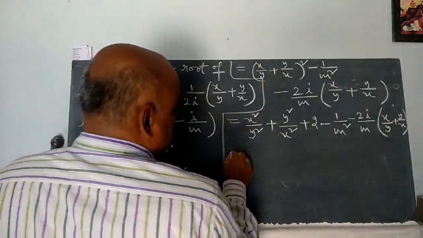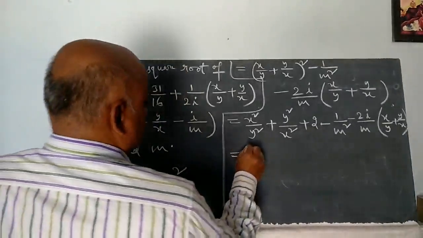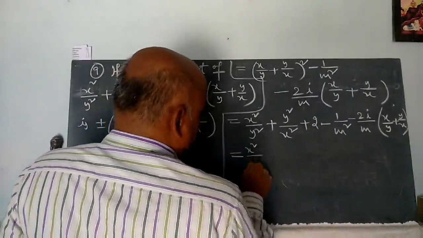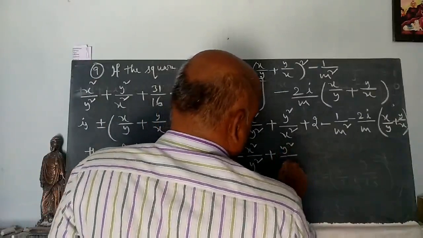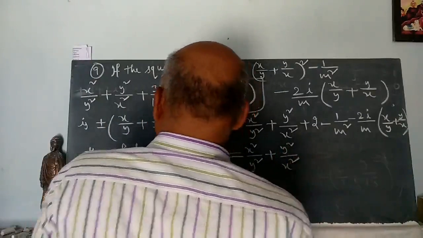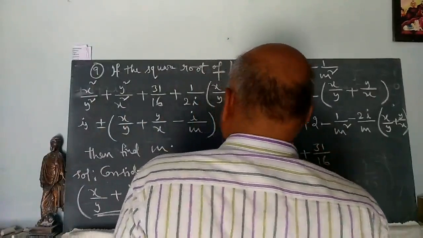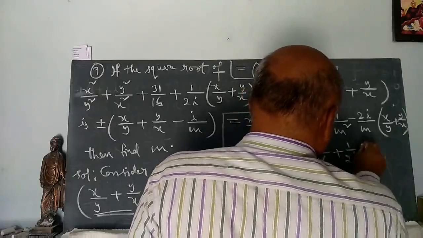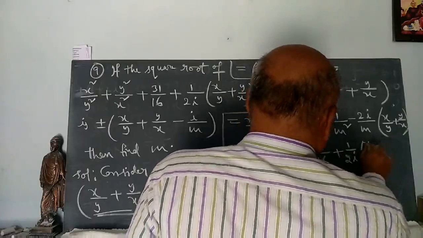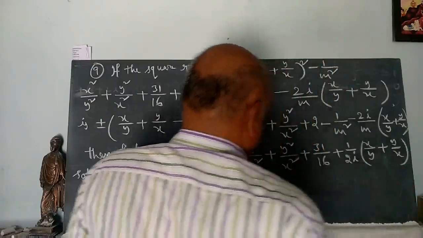This is given as x²/y² + y²/x² + 31/16 + (1/2)i into (x/y + y/x).